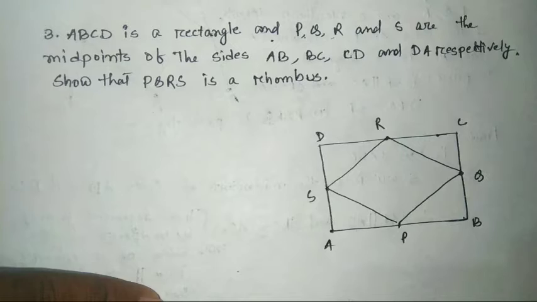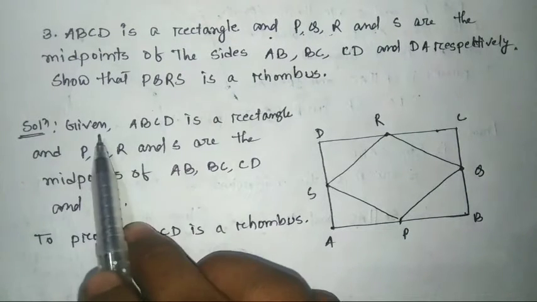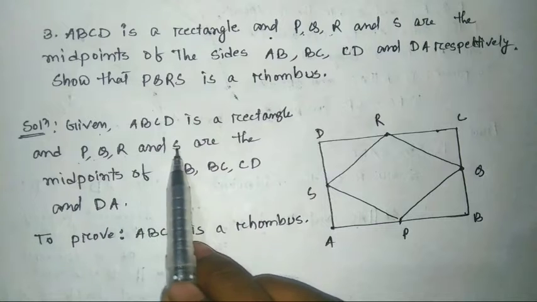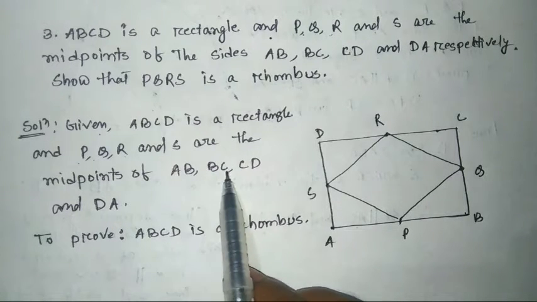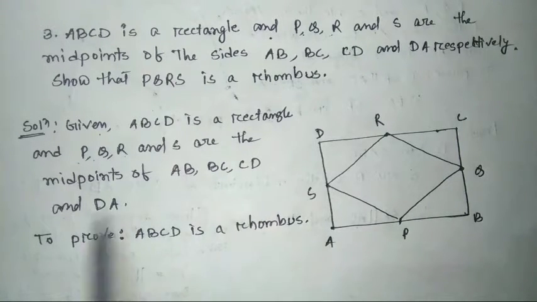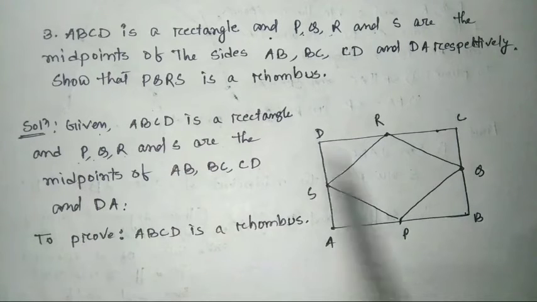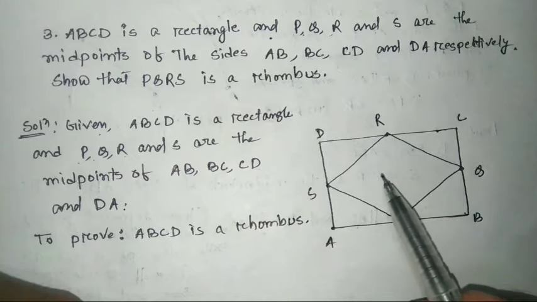Let's see. So given ABCD is a rectangle and P, Q, R and S are the midpoints of AB, BC, CD and DA. To prove PQRS is a rhombus, for that we have to know what a rhombus is.